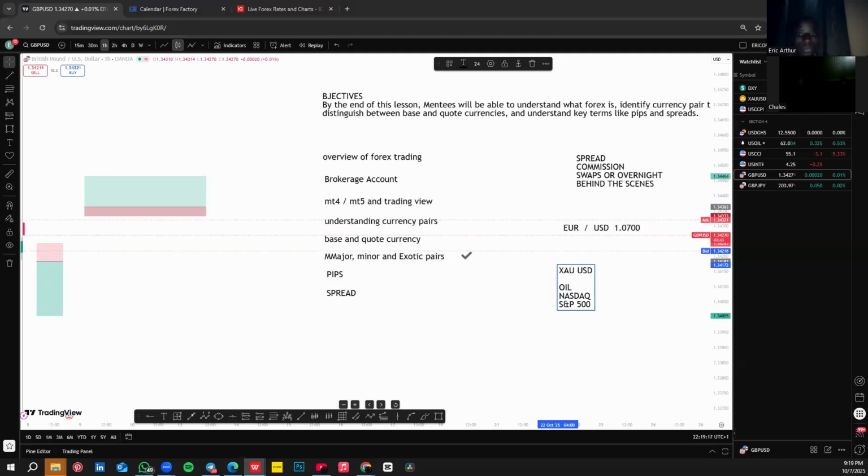Gold is often seen as a heavy asset, meaning its value can rise during times of economic uncertainty, which makes it a popular alternative to traditional currencies.